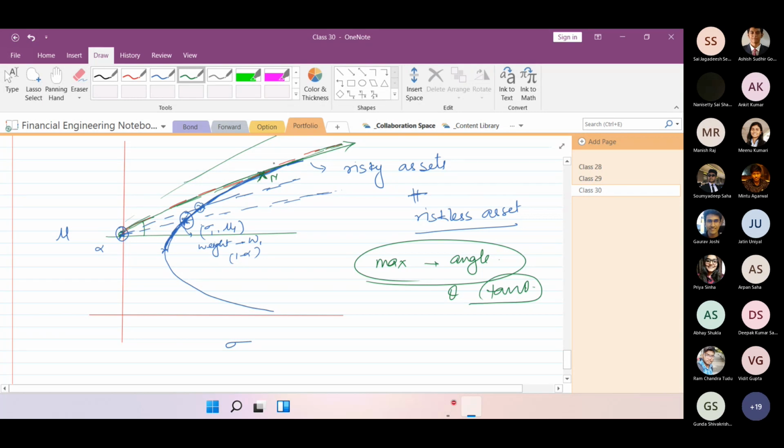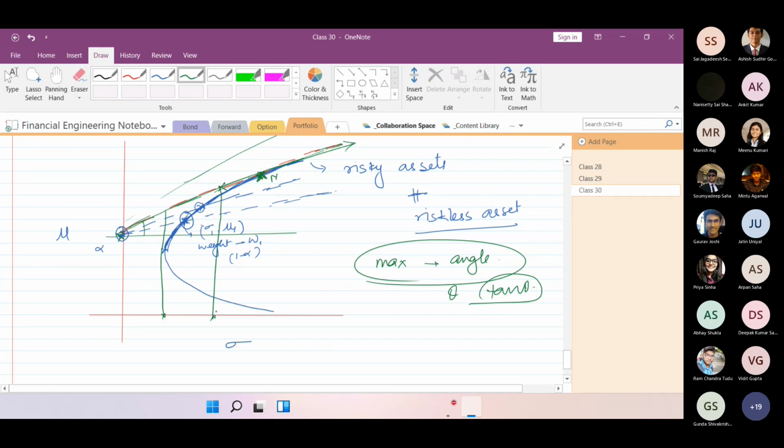It means I just need to find one of those portfolios lying on the risky weights corresponding to all the risky assets. And if I have one riskless asset, I can get the linear combination: for a particular return, this would be the risk, because we have now included one riskless asset.